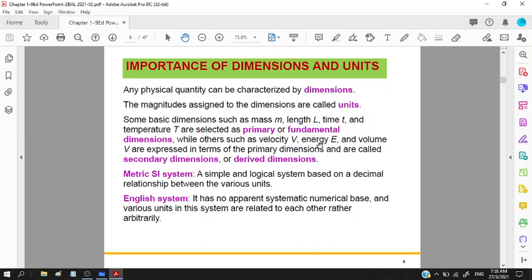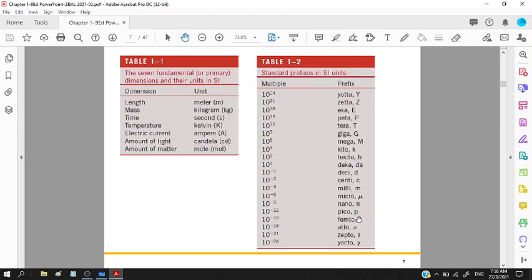Right? For example, if we have kilogram, this is fundamental. If we have Newton, that is derived. Kilowatt is derived, and etc. In our case, we are going to look at the metric system as far as the unit is concerned. So this is all the dimensions and units involved.